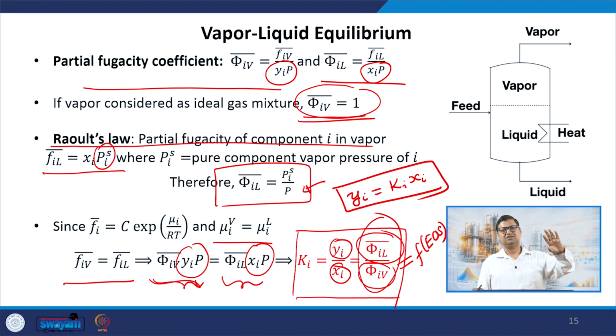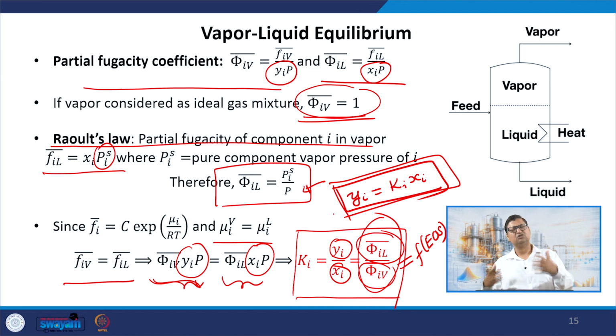It is essentially a ratio of the partial fugacity coefficients of the liquid and vapor, which in turn is a function of the partial fugacities, which in turn can be expressed in terms of chemical potential. So, essentially, this is another way of writing the phase equilibrium condition that says that the chemical potentials are equal. We can also express that in a notation like this, where the K contains all the thermodynamic information that is there in the system.